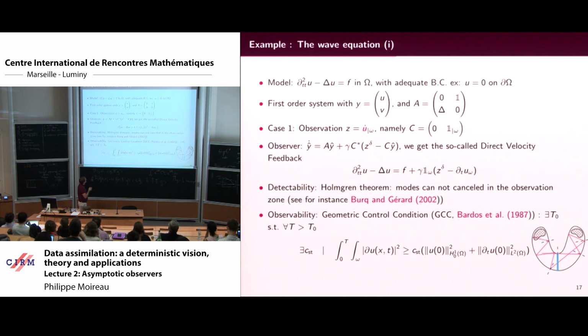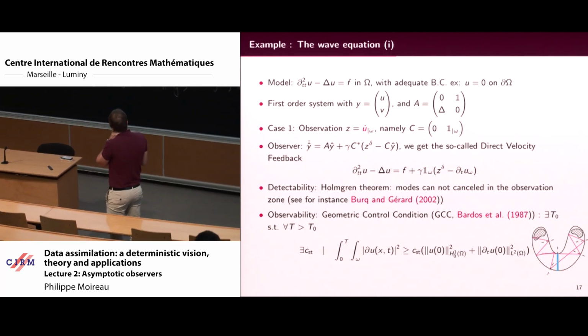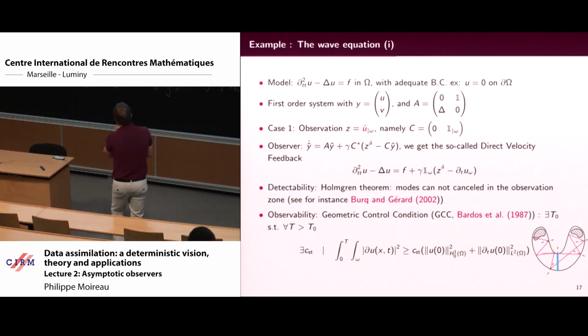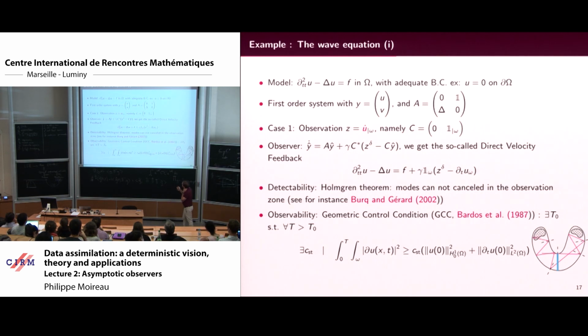Now I say I know that the observer should be that. Let's look at what it gives you as a second order equation, and you get that. This equation is very well known for people who do control theory, because basically what it says is that if you measure the velocity, what you should do is to take the velocity.